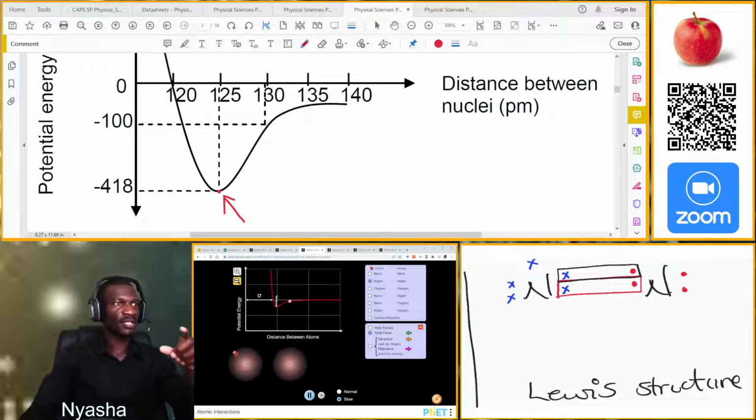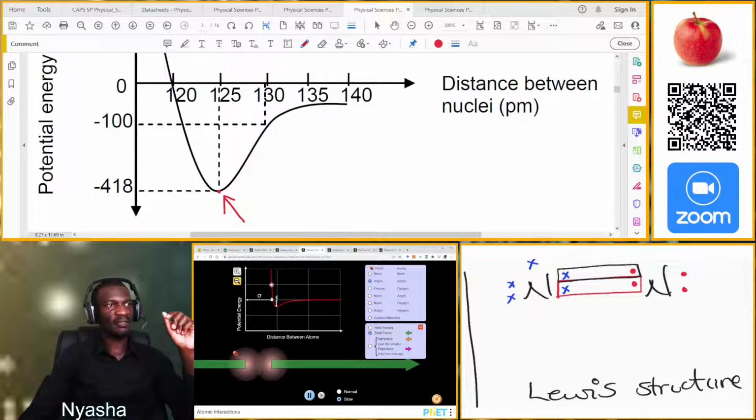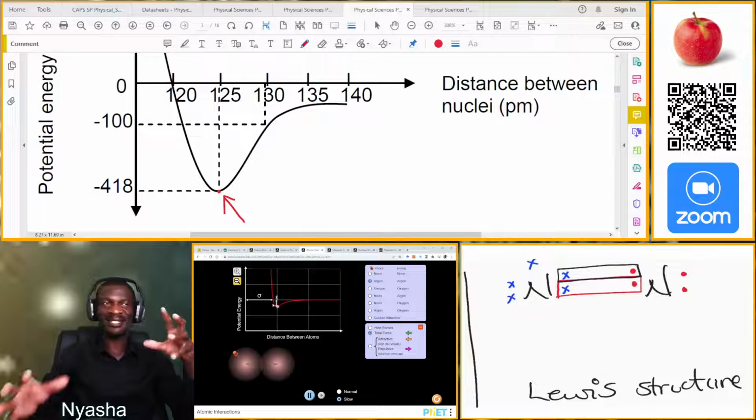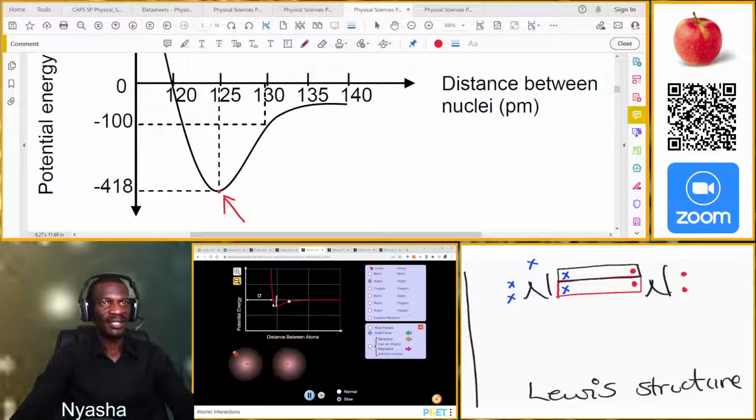That repulsion takes place in this part of the graph. And if we keep bringing them very close, the repulsion is infinite. So in other words, you cannot actually put them together.